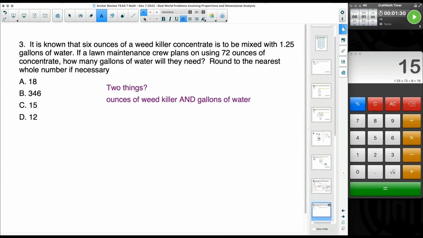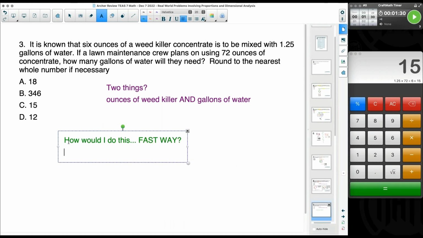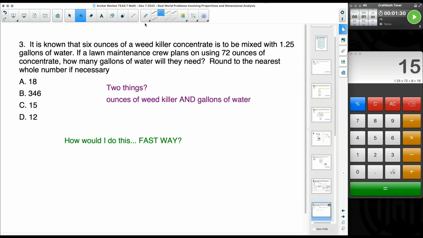Now, how would I do it? Now remember, I'm a math instructor, so how would I do this? The fast way. This level of understanding is not something that I can teach you like I can teach you proportions. Proportions is a way that you can just kind of set it up and let the cross multiplying take care of it. But what I would do, and this is what one student did, as long as you're comfortable doing this, here's how I would do it.